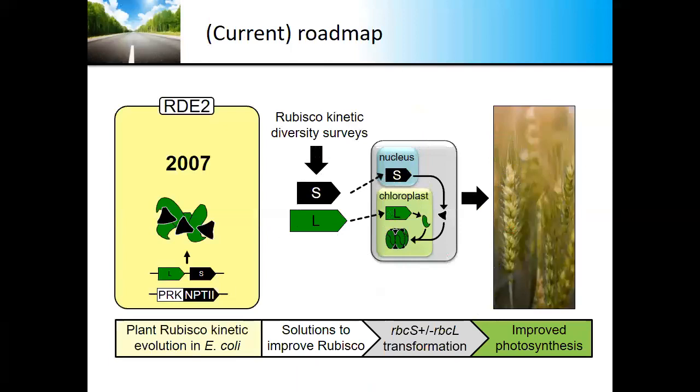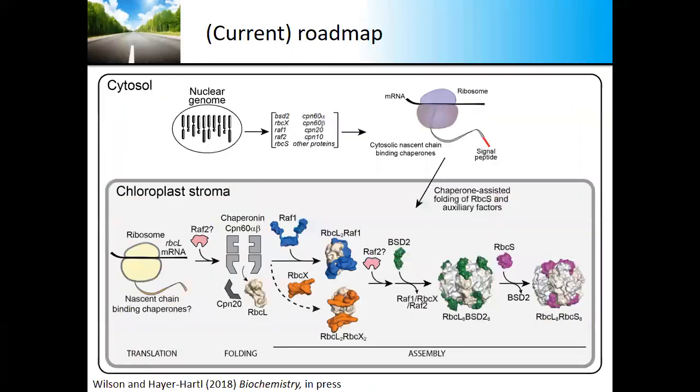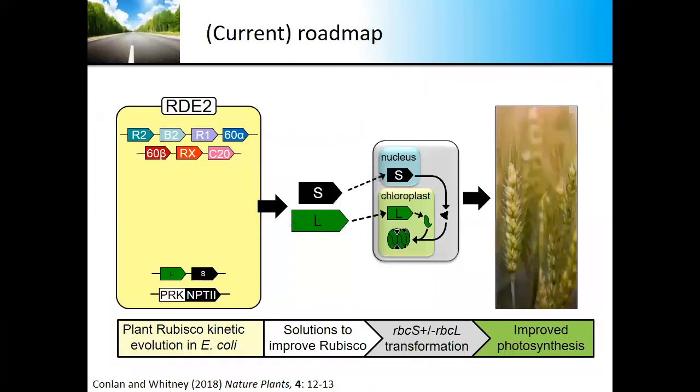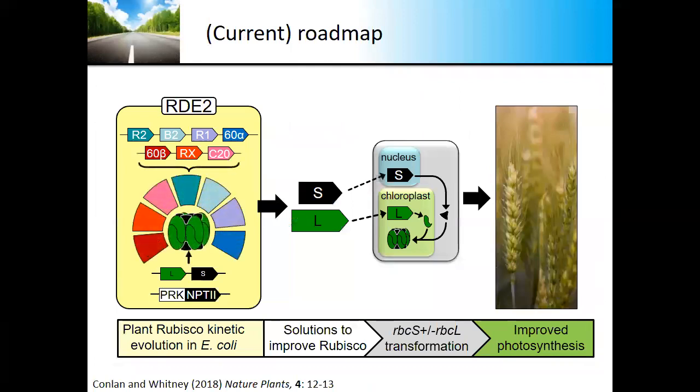Well, what if we now, that's 2007, what if we now take what we know here about plant Rubisco assembly factors, and take all the genes, like they've done previously in E. coli, and transfer them into this directed evolution screen system? It's a bit of an engineering nightmare, but we're getting there, so that we can start to do directed evolution on plant Rubisco, not cyanobacteria Rubisco. Identify the solutions and then use the tools which we already have to introduce them into the plants.